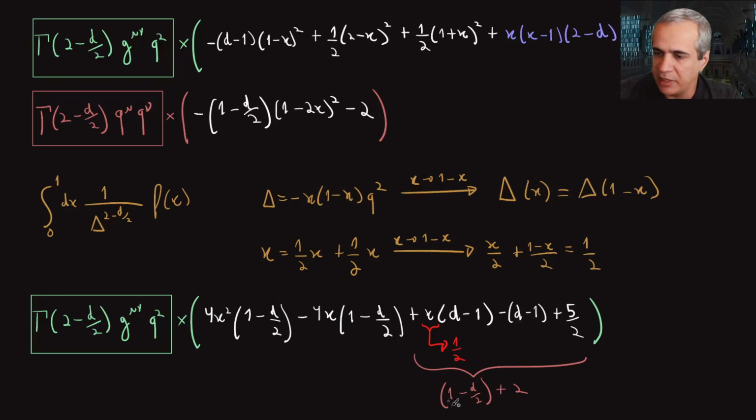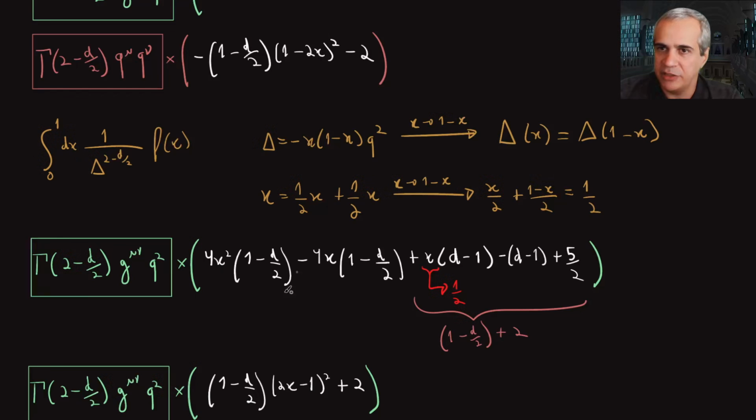And now I can take this 1 minus d over 2 and bring it to the front and see what polynomial I have, right? This 4x squared minus 4x plus 1, right?